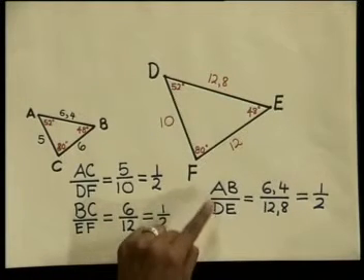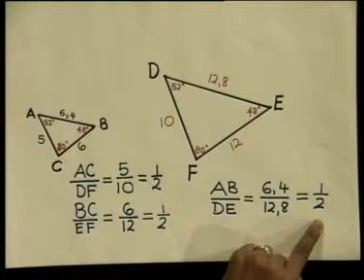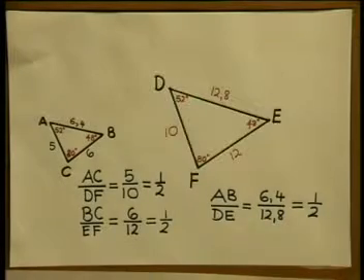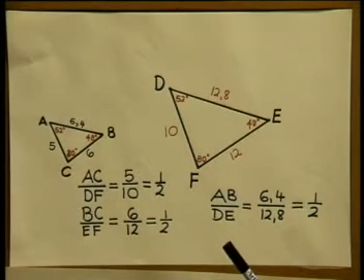And AB divided by DE also gives me a half. With this exercise, we have shown that in triangles ABC and DEF, the corresponding angles are equal in size and the lengths are in the ratio 1:2. So we have just proven that these two triangles are definitely similar.